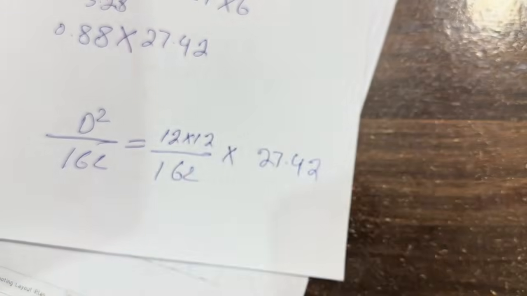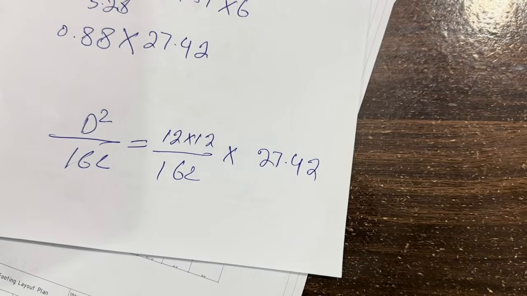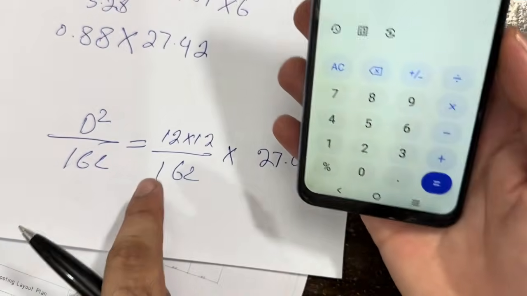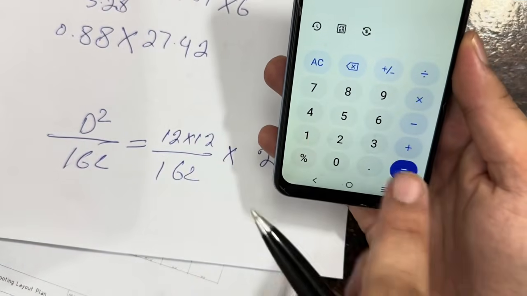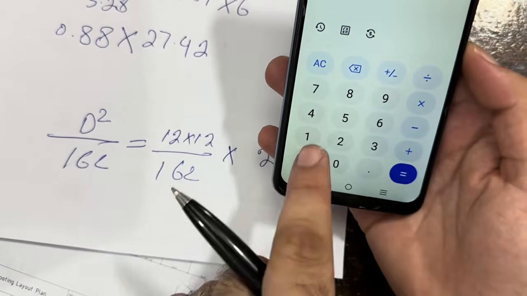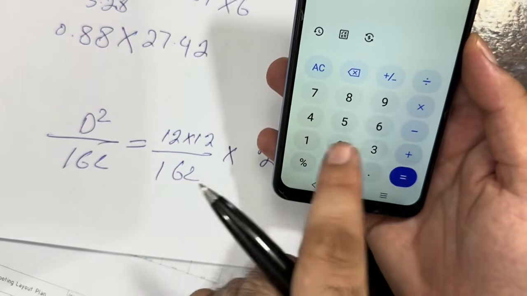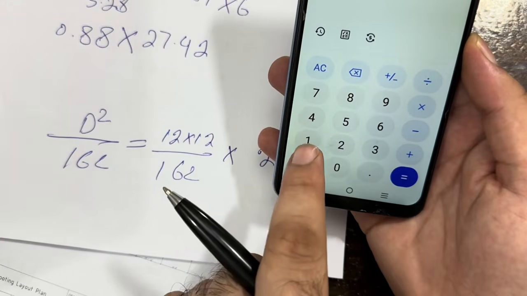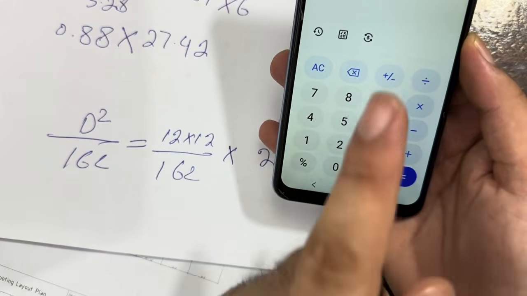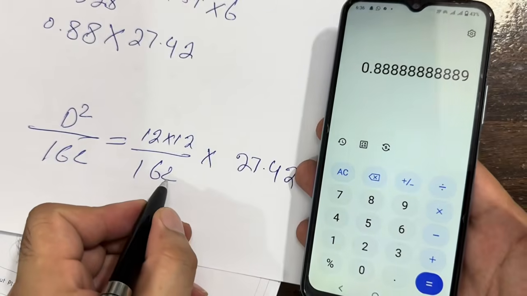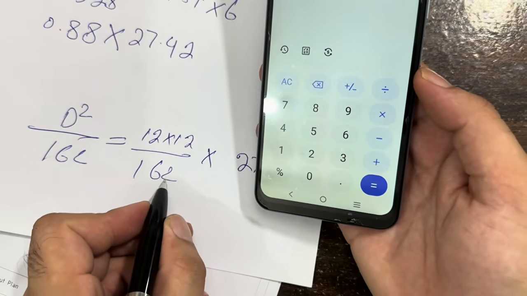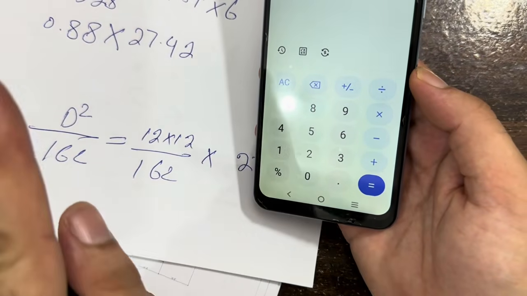When you do the calculation, 12 multiplied by 12 divided by 162 gives 0.88, as I did before: 0.88 kg of steel for 1 meter.